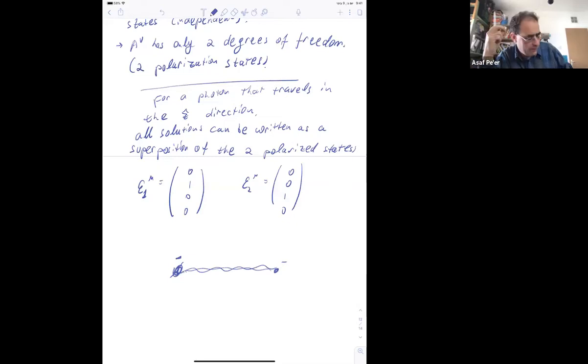Let me finish one thing, and then I'll continue to answer this question, because we're coming to wrap up. This polarization is not unique. I can choose circular polarization states.